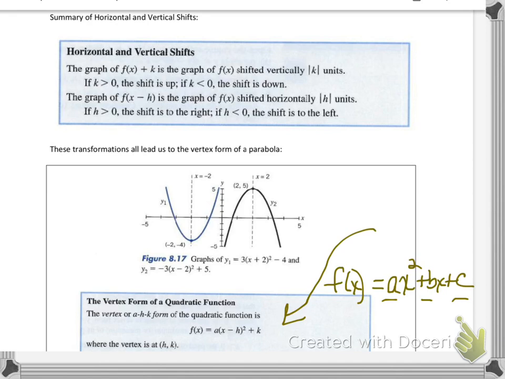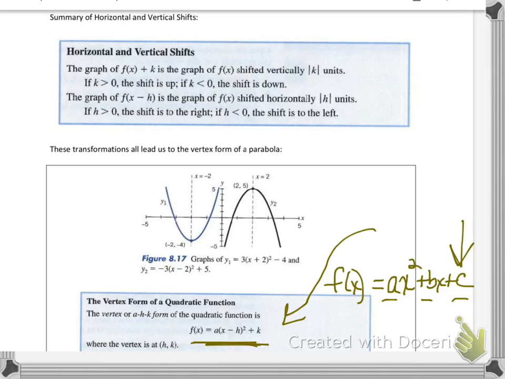That can give us also the axis of symmetry. And what else can it tell us? Well, it can tell us if you have a reflection over the x-axis. So there are a lot of good pieces that it can tell us. It can also tell us the y-intercept because that is just your c value. Okay, so then they bring us to the vertex form. So this is the vertex form. It can also tell you some good things.